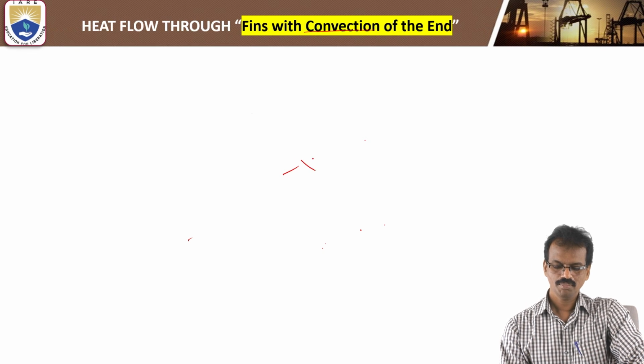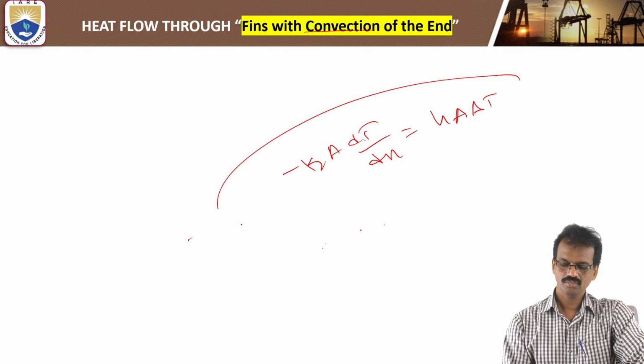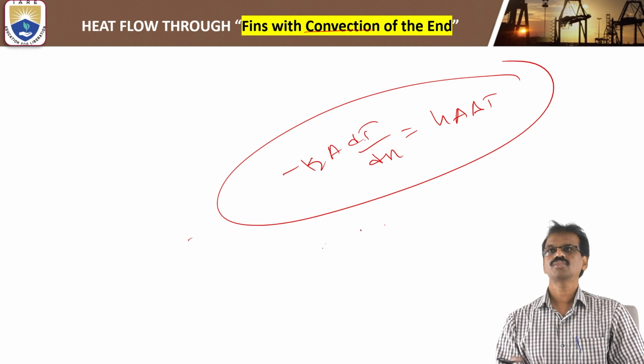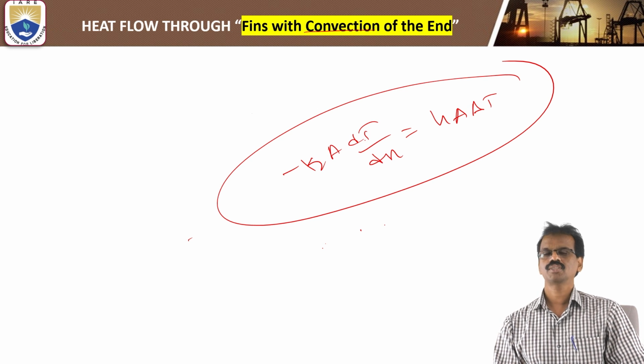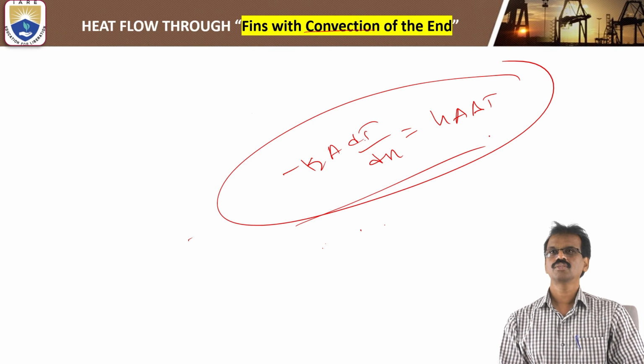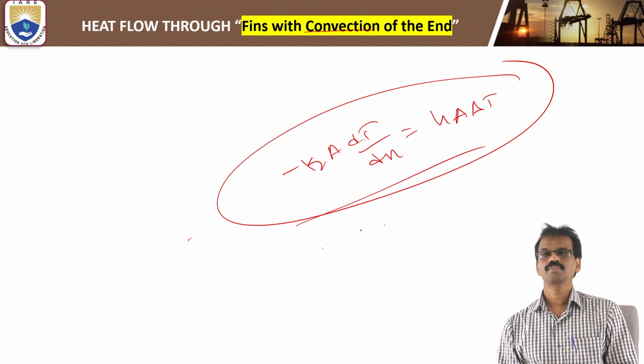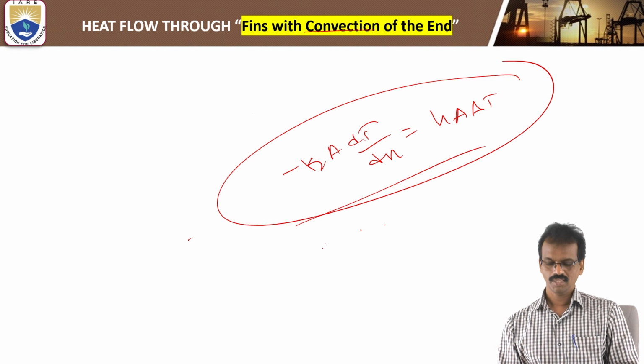It means minus kA dT by dx is equal to hA into delta T. We have to use this principle for the second boundary condition. We will see the derivation for the convection end pin in the next class.